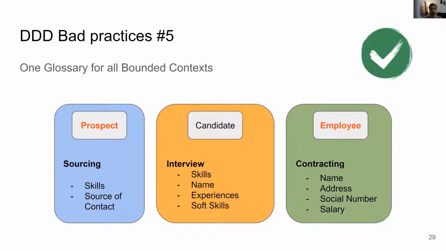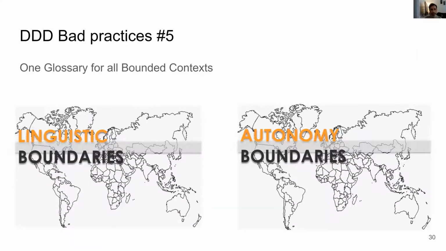separating your domain into bounded contexts can help your domain experts to find better terms for your bounded context, for your objects. You should consider any bounded context as a country. When you go from one country to another, the language changes, the rules change.